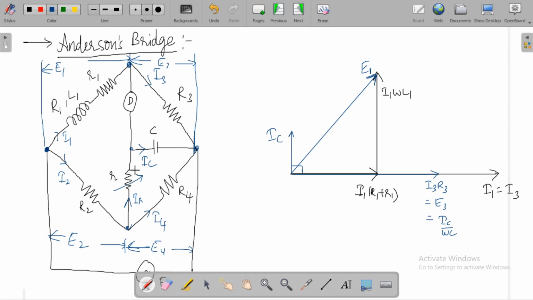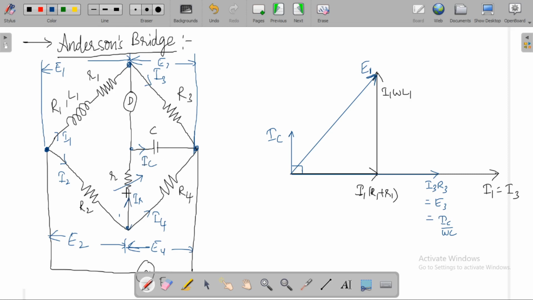Now coming to this, how can I draw the voltage across this R? Voltage across R is in phase with the current through this R. What is the current through this R? It is IC only. Current flowing through this is equal to current flowing through this, IC only.